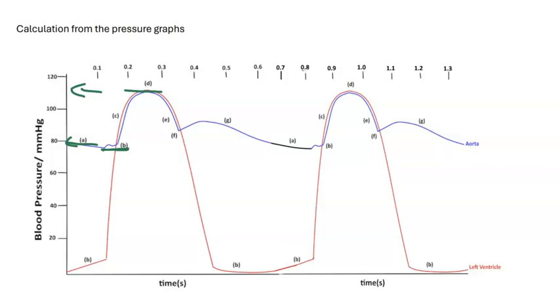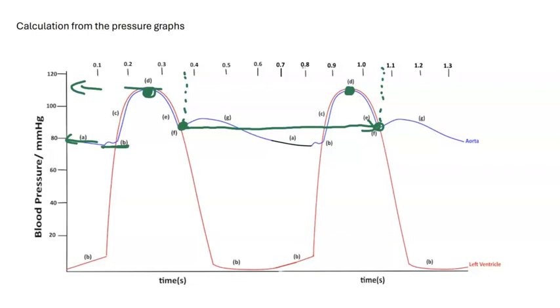So perhaps we could measure from here to here, although a more precise point might be from F to F, and we would measure that distance like so, and then come up to the graph where we would be expected in an IB exam to make a very careful measurement of that particular time there, which would be the time of a single heartbeat, where the graph repeats itself.